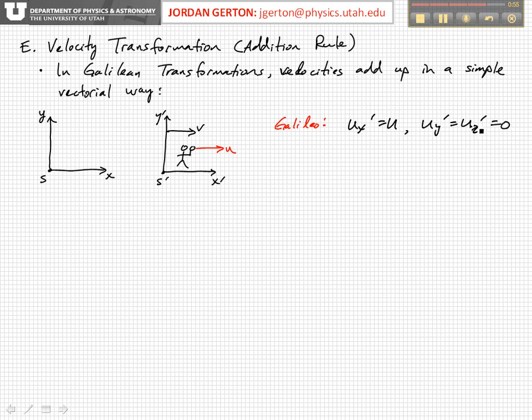Okay, so in a classical Galilean transformation, a person in frame S sees that the velocity of the object is equal to v plus u. The velocity to the right is v plus u, and again uy is equal to uz is equal to 0.